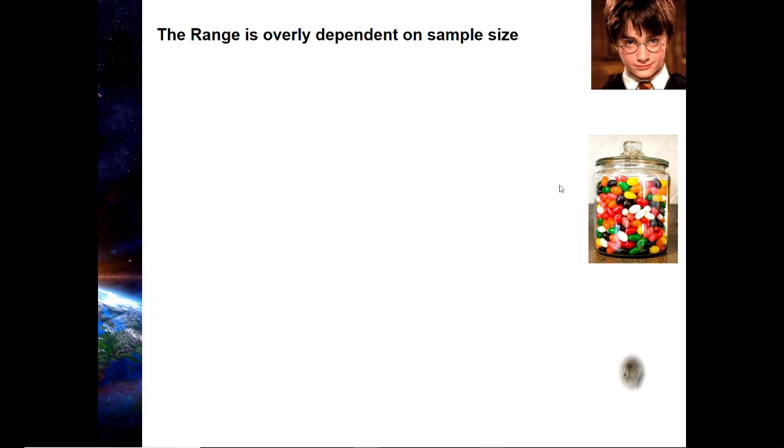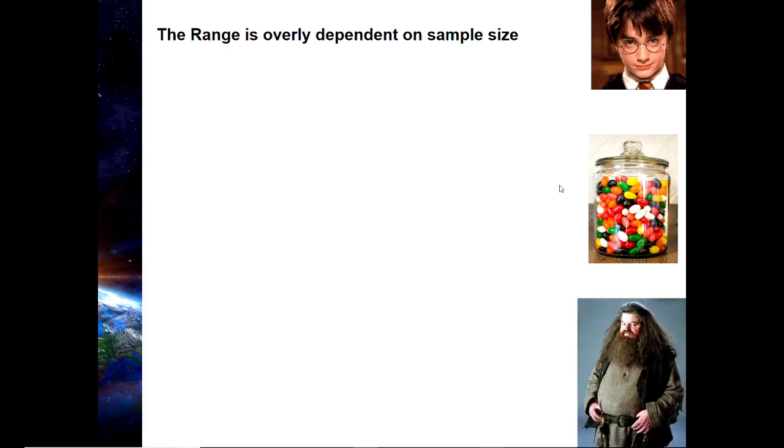But then along comes Hagrid. And Hagrid, in comparison to Harry, has huge hands. So if you blindfold him and ask him to reach into this jar of jelly beans, a majority of his handful will still be red jelly beans, because again, that's the most frequent color. If he's reaching in at random, we would expect red to be the most frequent in his hand, and then blue to be next.